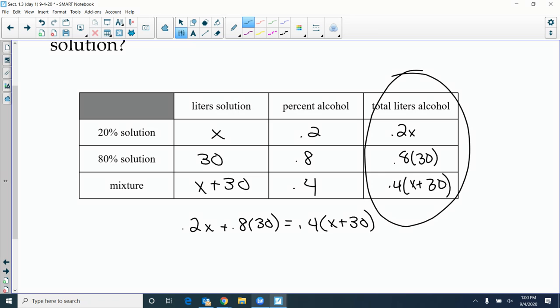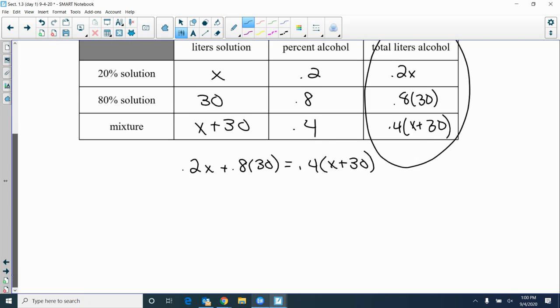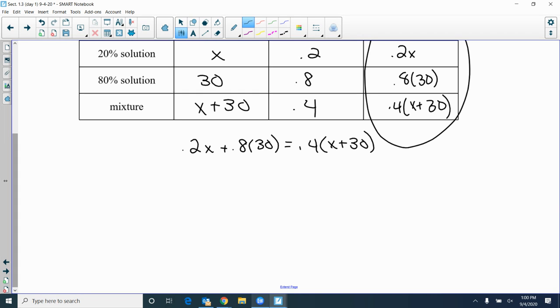concept. This is number 60 over here. We're talking about, I don't even know what chicory is, but I guess coffee has it. One of them has 15%, one of them has 35%, and the final mixture is going to be 18%. This is slightly different than the problem we did in class because they tell you the final amount.